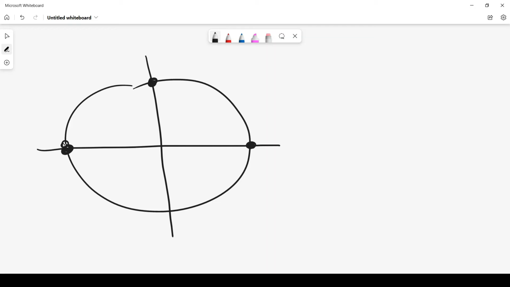And if you don't know them, you can just draw out a graph, and just know that the unit circle is always just a radius of 1. And so that means this point must be 1 in the x, 0 in the y. This must be 0 in the x, 1 in the y, -1 in the x, 0 in the y, and then 0 in the x, -1 in the y.